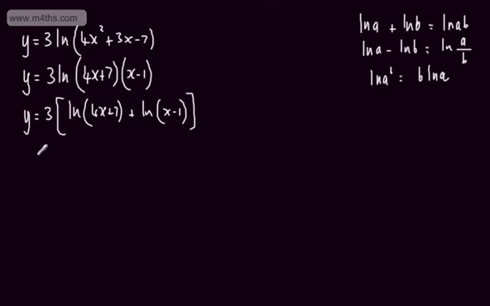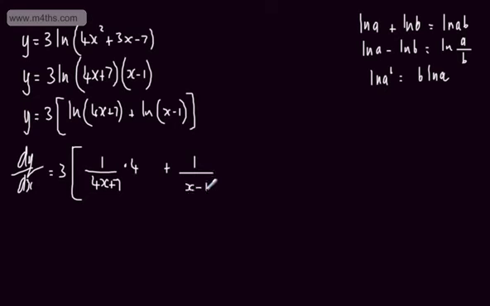So let's just look at this using exactly what we would have had. So dy by dx would be 3 lots of 1 over 4x plus 7 multiplied by the derivative of 4x plus 7, which is 4, plus 1 over x minus 1 multiplied by the derivative of x minus 1, which would end up giving us that.